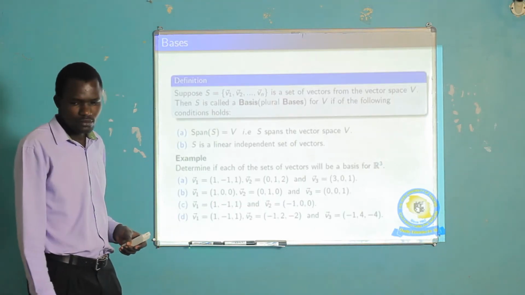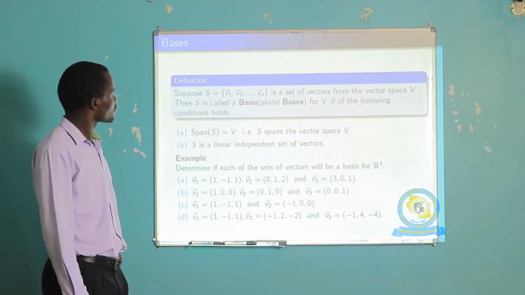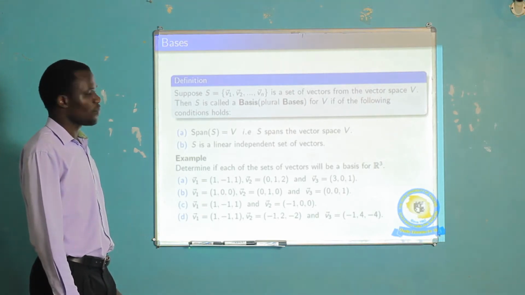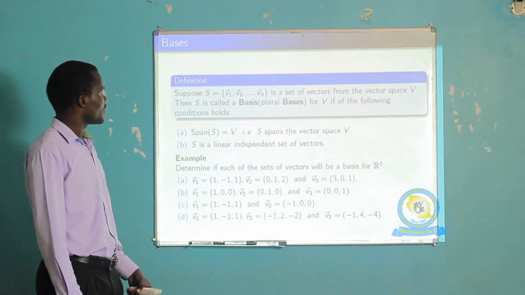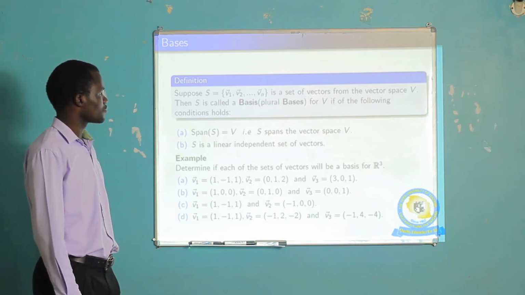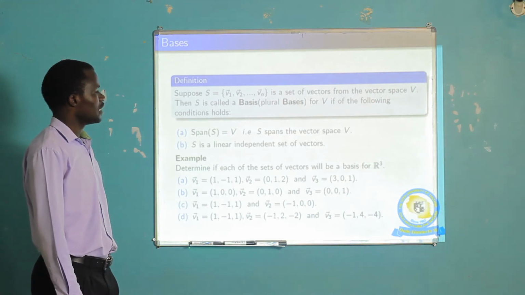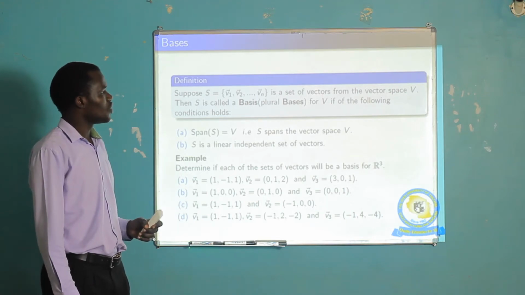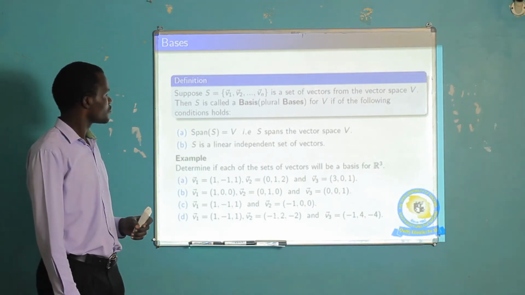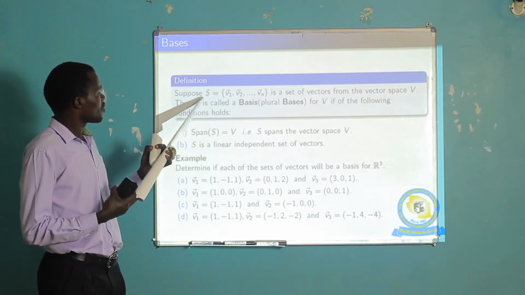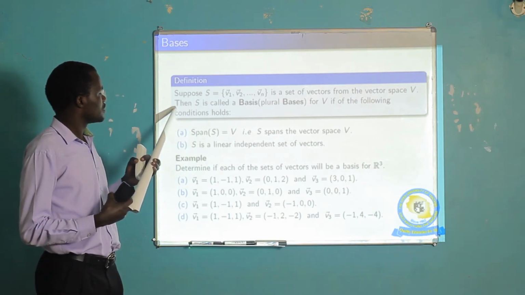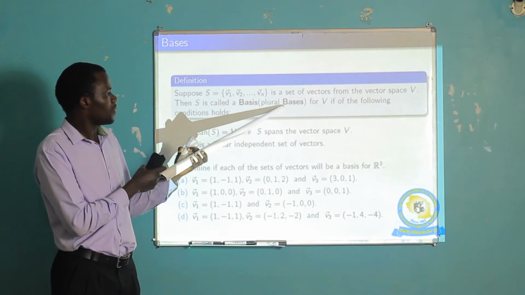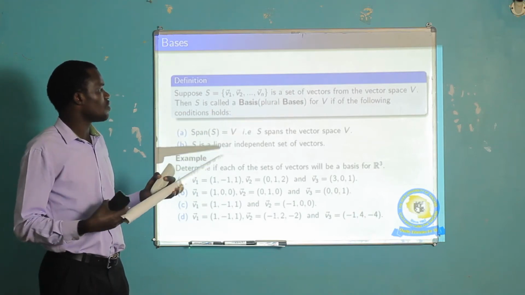Okay, let's continue. Basis. Suppose, by definition, you are given a set of vectors, call it S, and this set of vectors is a subset of the vector space V. When is S called a basis, basis for singular, bases for plural, for V?